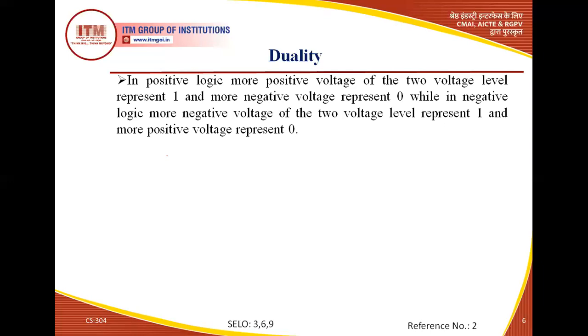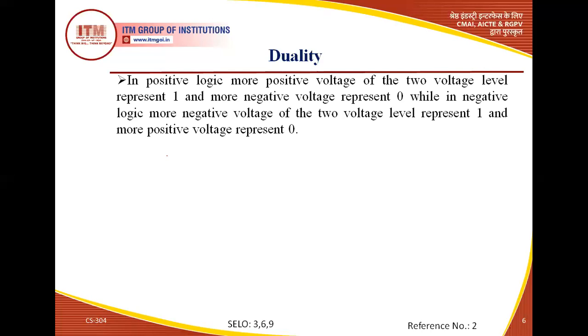In positive logic, the more positive voltage of the two voltage levels represents 1, while the more negative represents 0. That means if we have 5 volt and 0 volt, in positive logic 5 volt represents 1 and 0 volt represents 0.